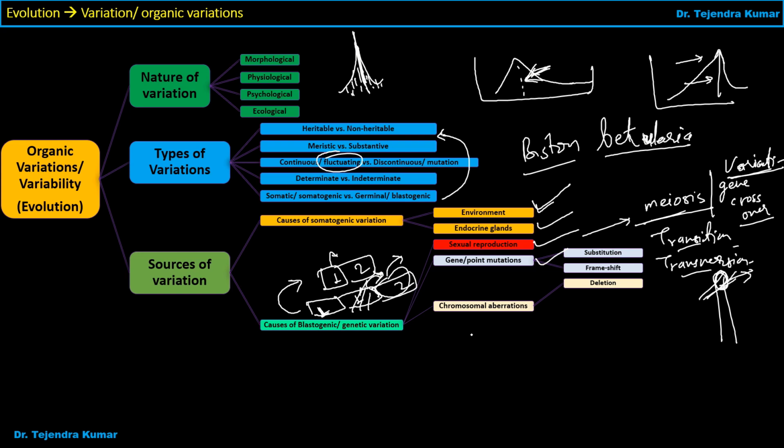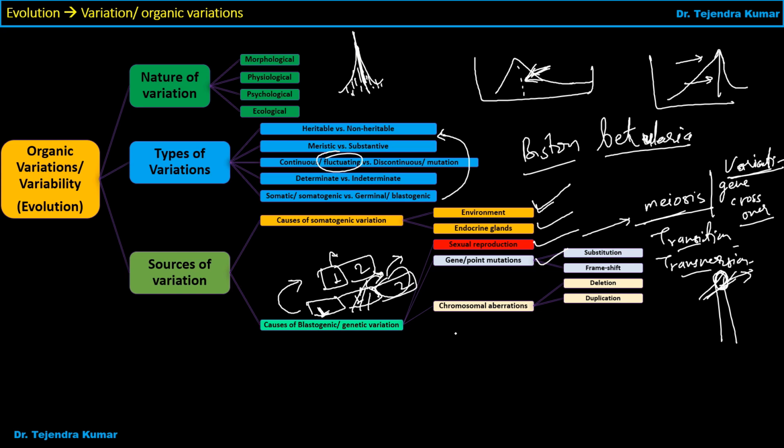So this is called deletion. And this type of structure generally shows some kinds of diseases as well. If you have heard about the disease cri du chat, it also happens due to deletion.